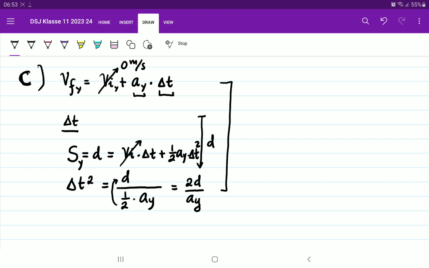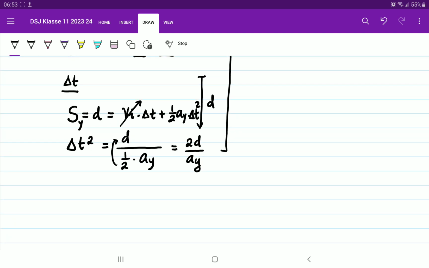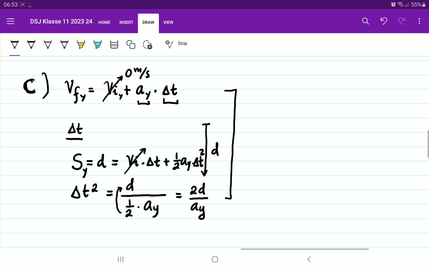You may pause this video for half a minute, 1 minute or 2, and try to combine the formulas and create your own new formula. Now you may do it. Alright, now I am not going to show you how to do the combination of the final velocity, initial velocity, a_y, and delta t with this delta t squared.